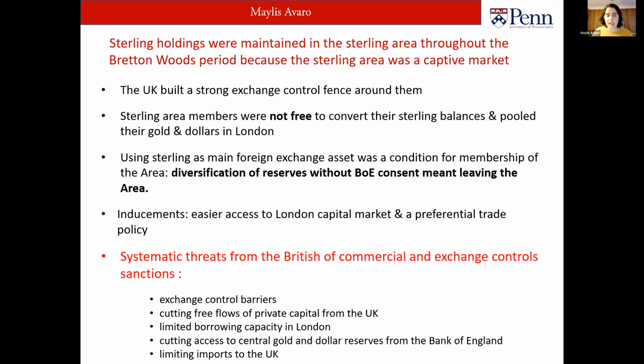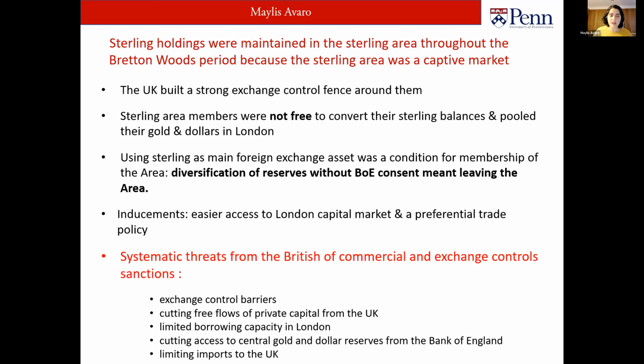And so how did the UK manage to make this captive market work? They offered a few inducements, such as easier access to the London capital market and some preferential trade policy that accrued from the interwar period and that they managed to continue during the Bretton Woods era.